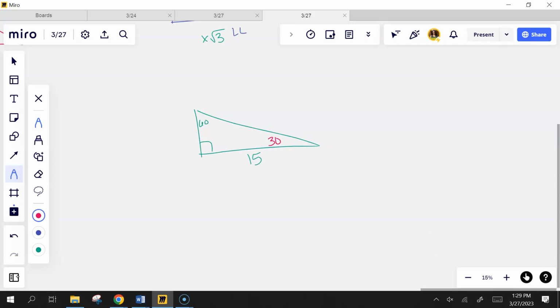I only have one side. I can't use Pythagorean theorem. But I need to make my way back to the short leg. Divide it by square root of 3. What if I'd started with the hypotenuse? Divide by 2, right? I'm always making my way back to the short leg. So here, this would be 15 over square root of 3. I can't leave it like that.